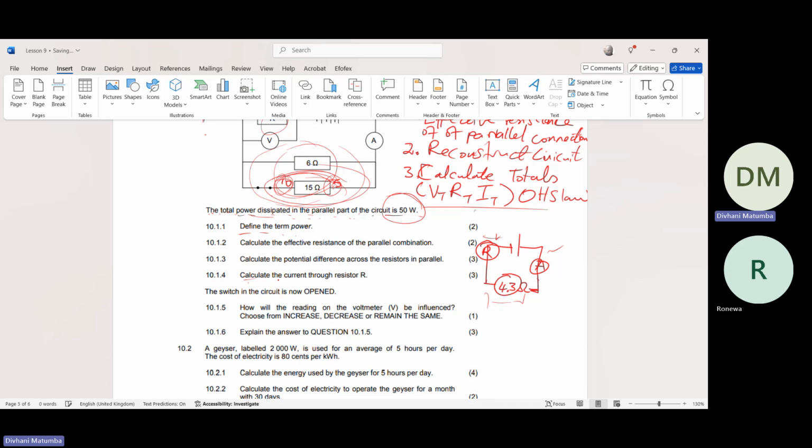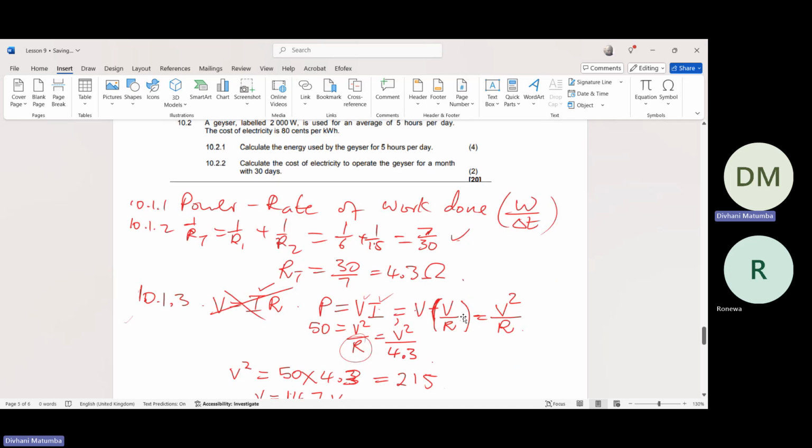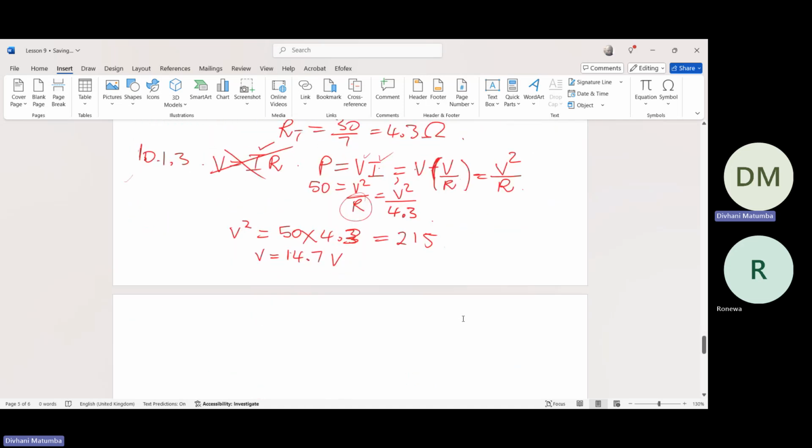So calculate the current through resistor R. Okay, so current is equal to... I think you are heading in the right direction.